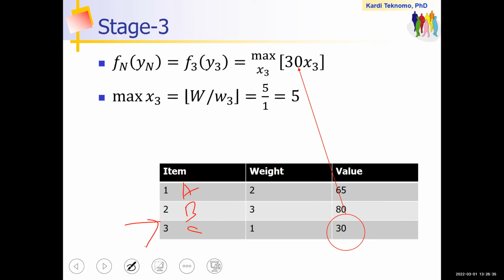So you put 30 times x3, right? We want to maximize x3, which is w divided by w3. W3 is 1, right? So w is 5. So the maximum of x3 is 5.